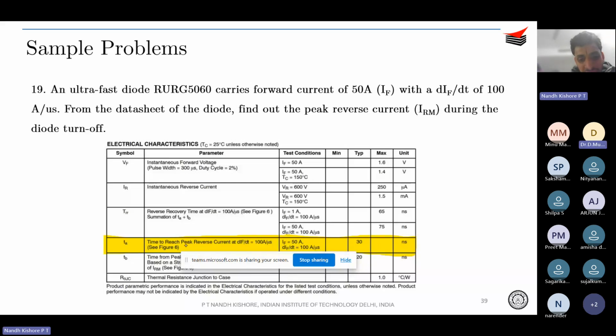That is, the time to reach the peak reverse current is given as 30 nanosecond, right? It's given in the data sheet. For a forward current of 50 amperes and dIF by dt of 100 amps per microsecond, it's given that typically the TRR is 30 nanosecond. Okay. TA is 30 nanosecond. Find out the reverse current.